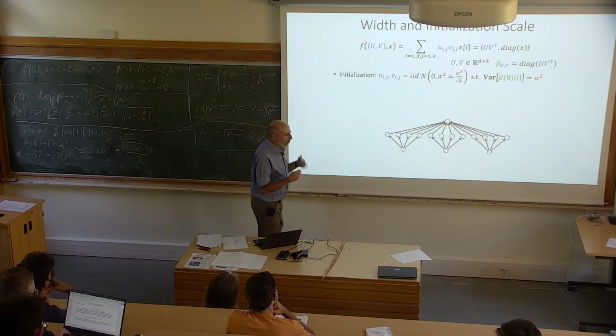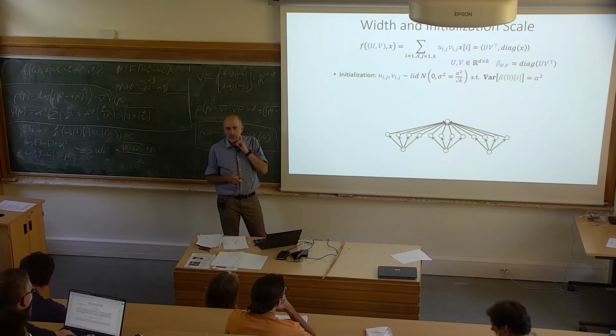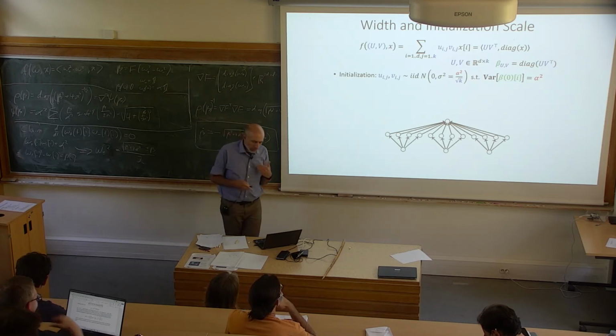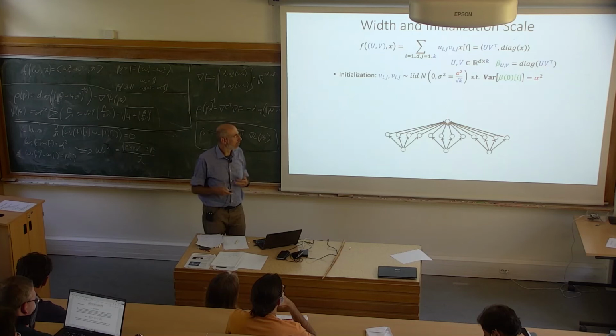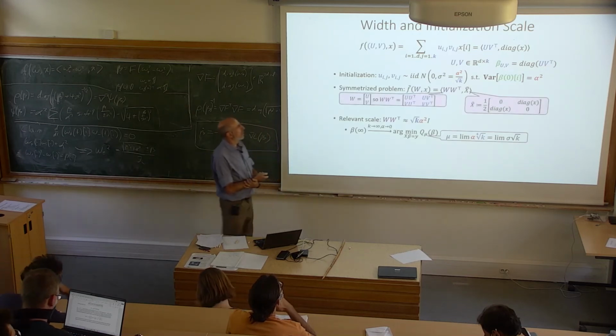We can apply the same analysis as before, but we have to be a bit careful. If we look at the dynamics, I can't write the dynamics just in terms of beta. What I have to do is lift the problem, and this is an example we'll see here also before. So we have to look at this symmetrized problem.